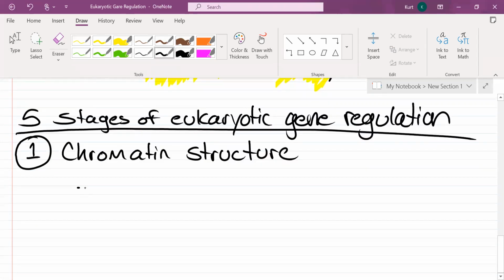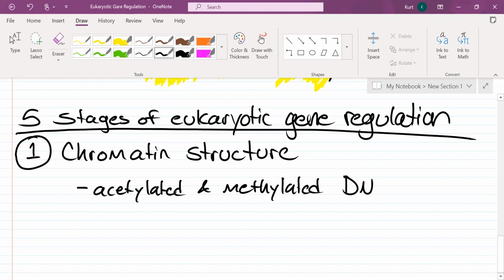Guys, the chromatin structure is basically acetylated and methylated DNA. Remember that if it is acetylated, it is accessible and expressible.